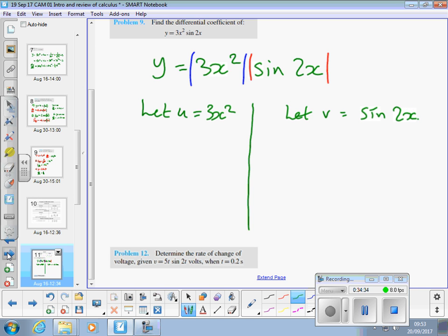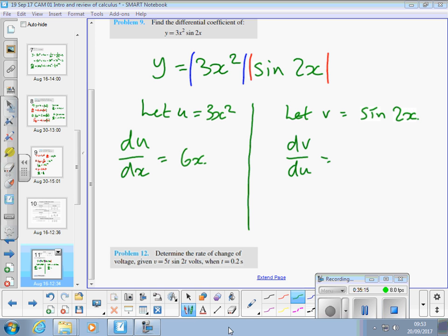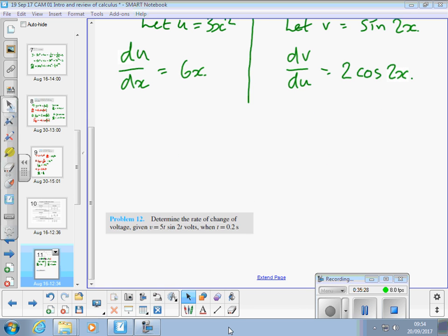So differentiating u, du by dx equals 6x. dv by dx equals 2 cos 2x. No, you don't do that. You've got to use that formula, Lewis.